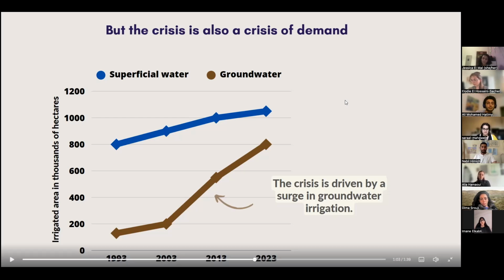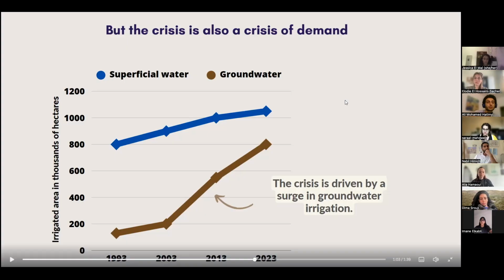And we have put an increasing pressure on groundwater, which means that there is a certain level of renewable use of groundwater, because of the water infiltration from rain, from snow, etc. There is a certain level of water that infiltrates the groundwater every year. We consider that it reaches 4 billion cubic meters per year in Morocco. And if we were using exactly those 4 billion cubic meters, we would be using only renewable groundwater.